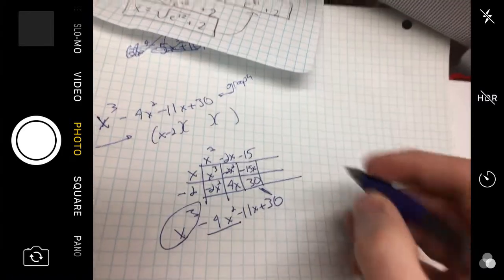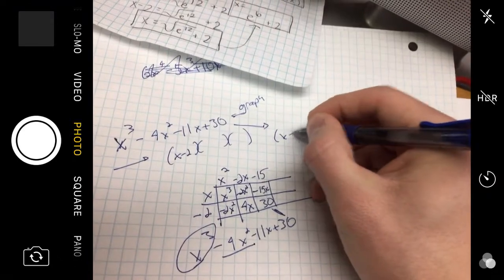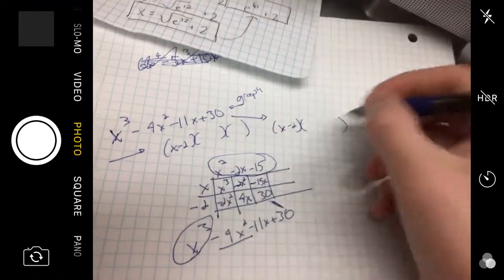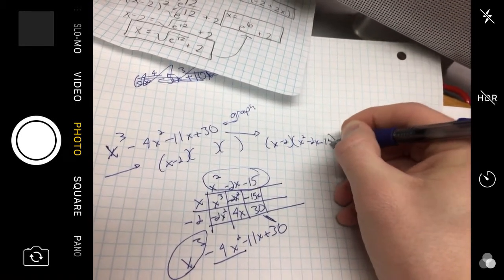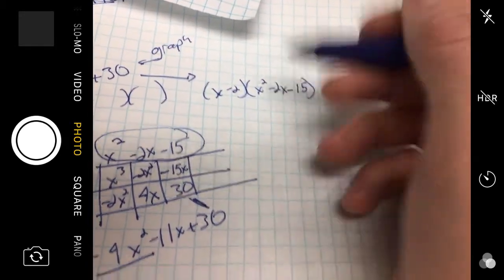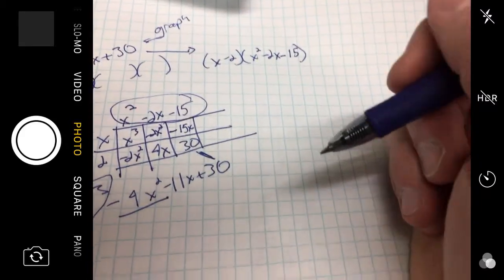So what I've just done is rewrite the original polynomial as x minus 2 times my answer here, x squared minus 2x minus 15. Okay, now if this were a cubic or a quartic, I might have to do this whole process again. You go back to the graph, find a different zero, and do the whole Polydoku process again.